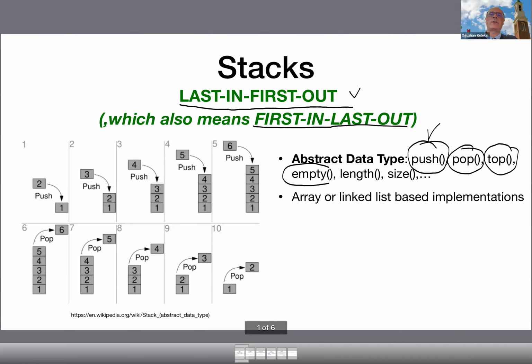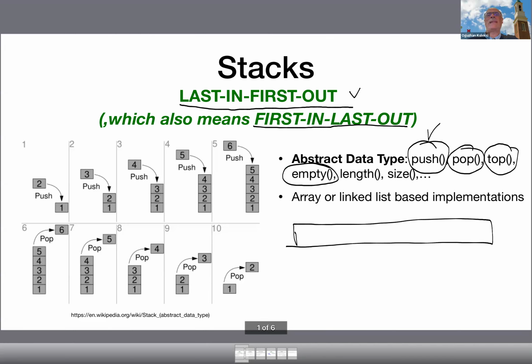Similarly, you might be curious about whether the stack is empty or not. And there should be other functions checking the number of items in the stack, or the stack size. For instance, if you are implementing a stack with an array, you just initiate the array with a size.